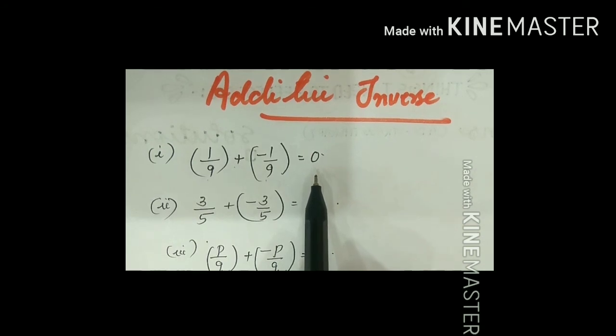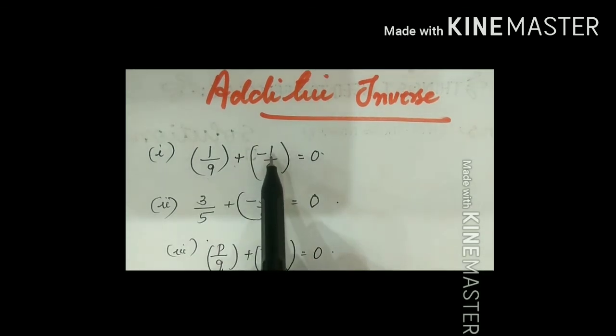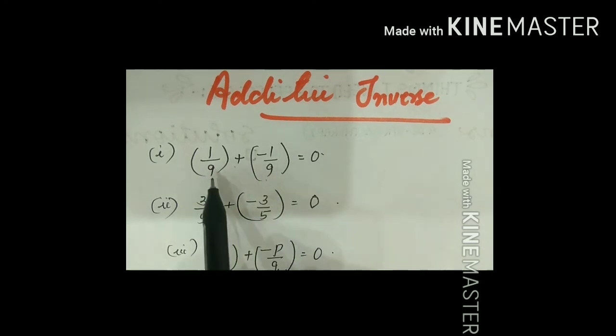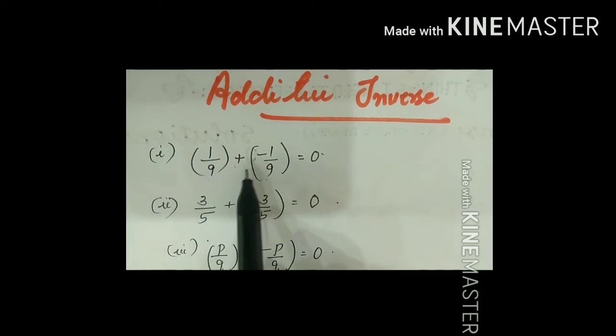What is 0? We have learned 0 is the additive identity. So in this case, we can say that minus 1 by 9 is the additive inverse of 1 by 9. In the same way, we can say that 1 by 9 is the additive inverse of minus 1 by 9.